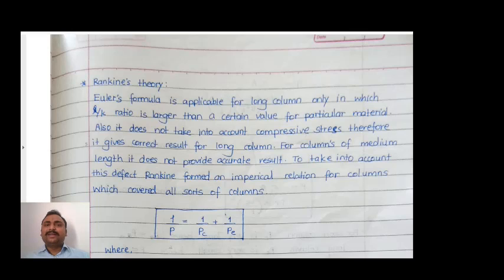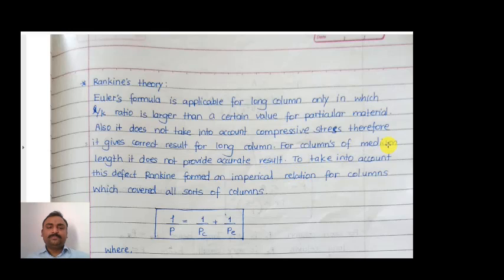But in Rankine's theory, Rankine has considered compressive stress also and buckling load also, rather than in Euler's theory, where they have considered only Euler's load. So let's see how the Rankine's formula has been derived.